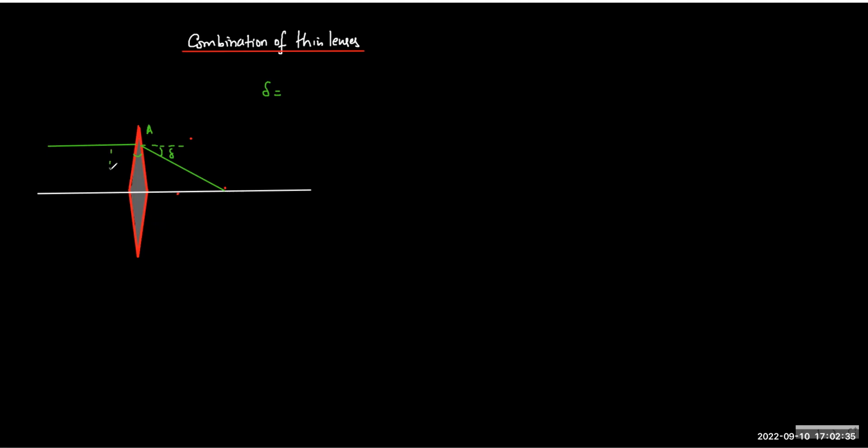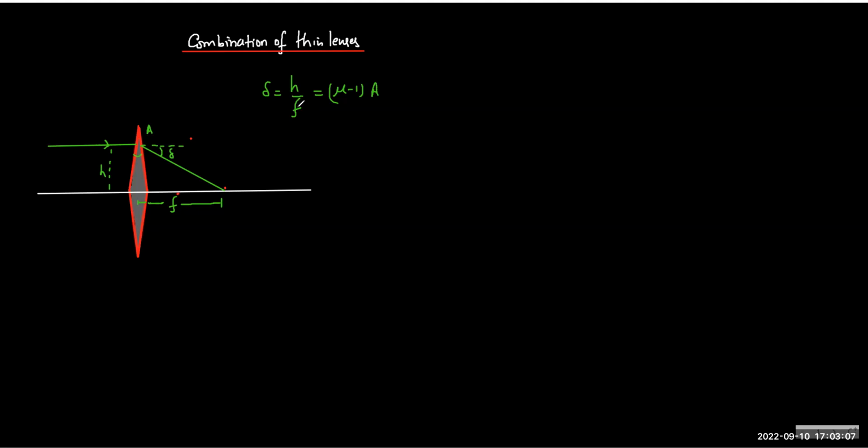It depends on the height h, and we call this focal length f, because it's a parallel beam. So deviation they have defined as h upon f, right? And we know that deviation was (mu minus 1) into A. Understood? So for prism, we wrote deviation as this, but you can simply say that deviation is always height upon f.